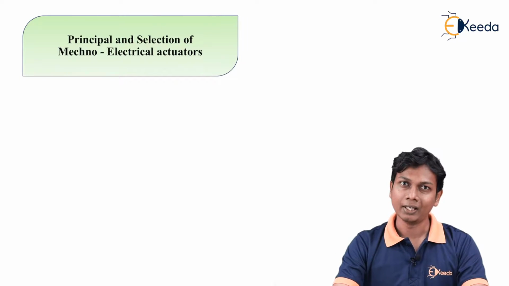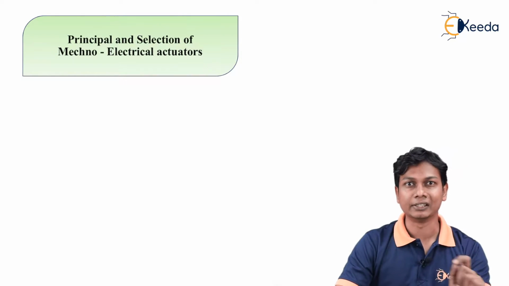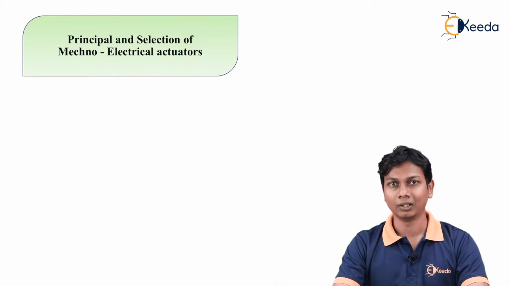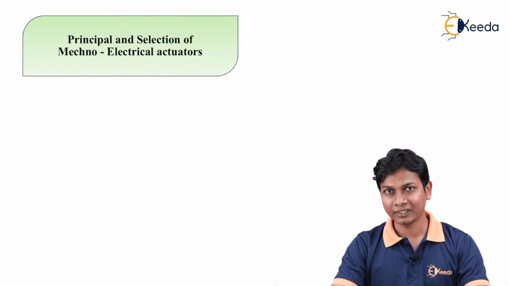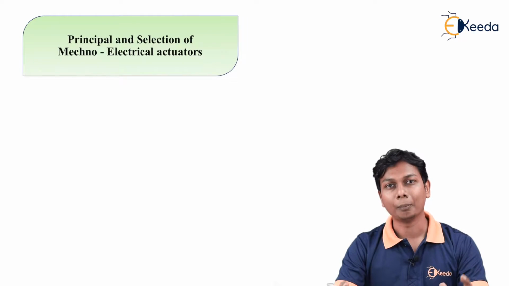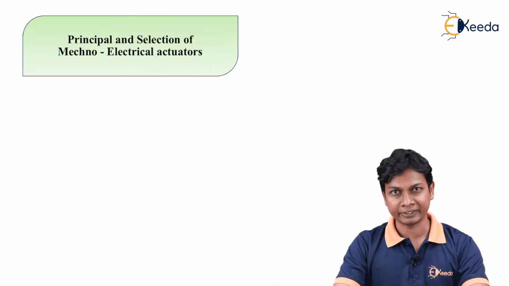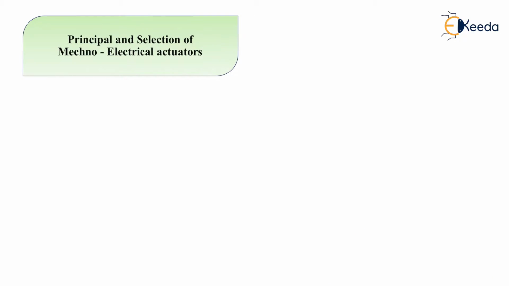In the same way, if an electrical signal is the input of this particular actuator, then the output of this actuator is mechanical energy. Let's start with some common examples of Mechno electrical actuators.